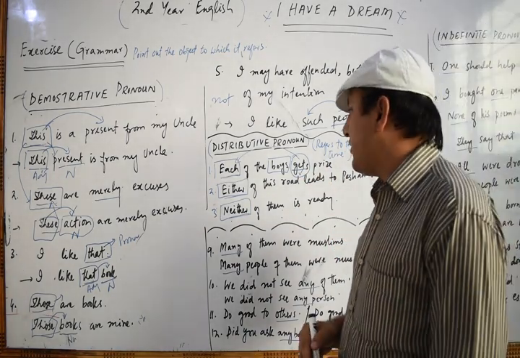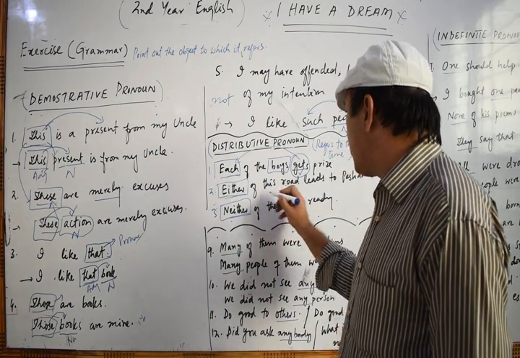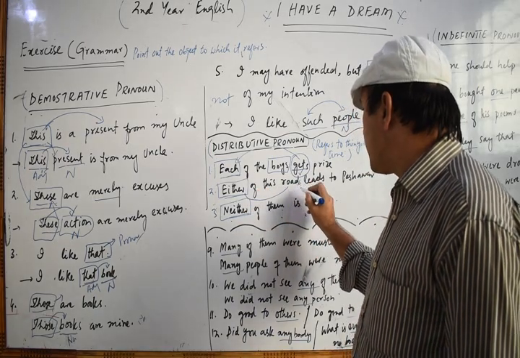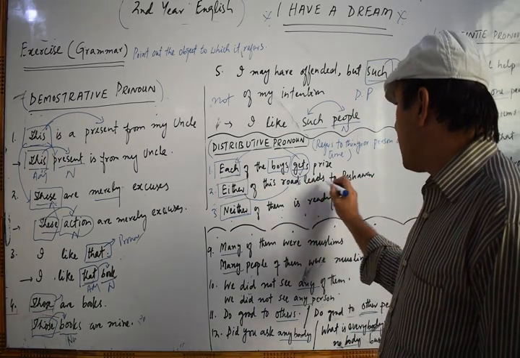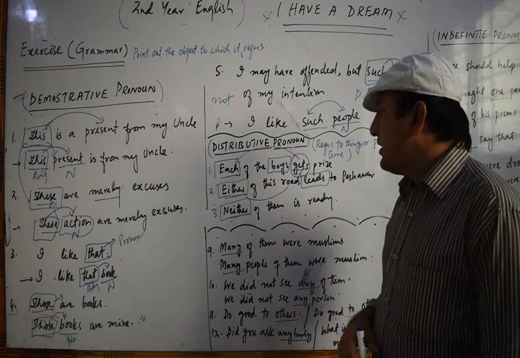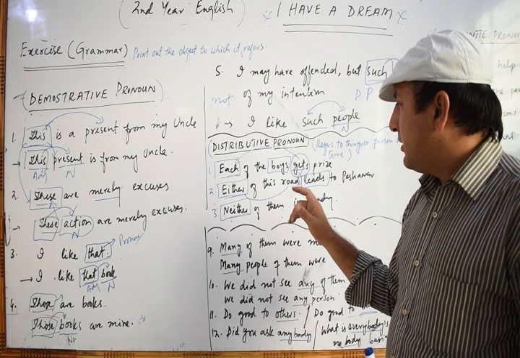The next we have either. Once again, either, just like either of these roads leads to Peshawar. You see, we have used a singular verb with either because it refers to one road at a time.